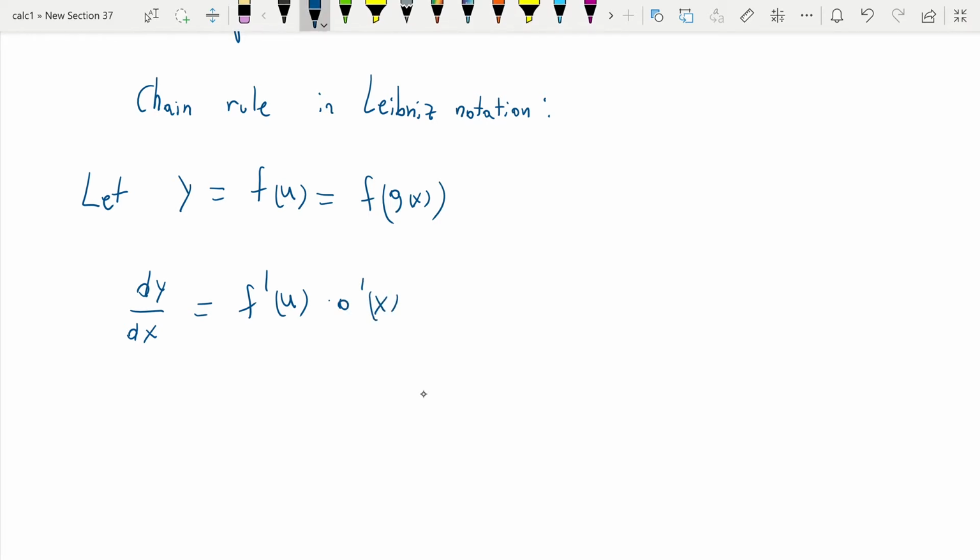But remember that we can use the Leibniz notation for each one of these expressions: df du times du dx.